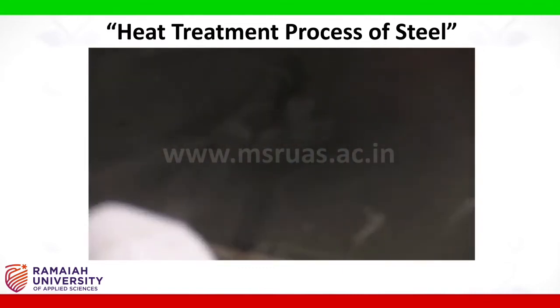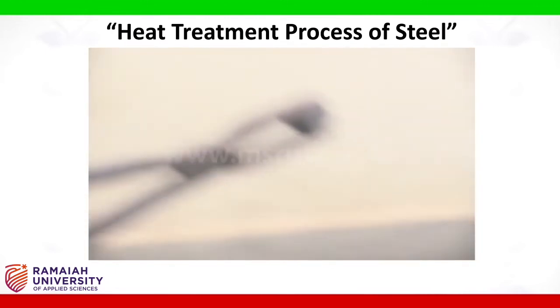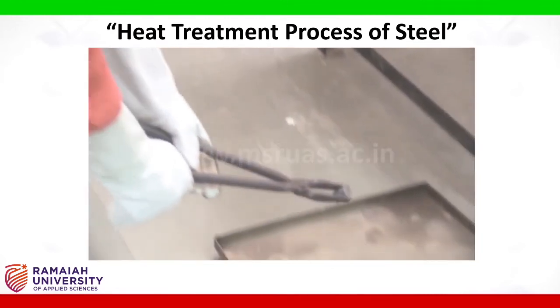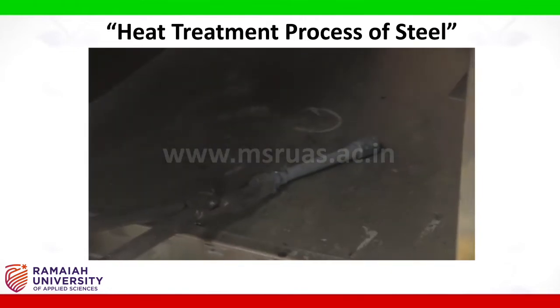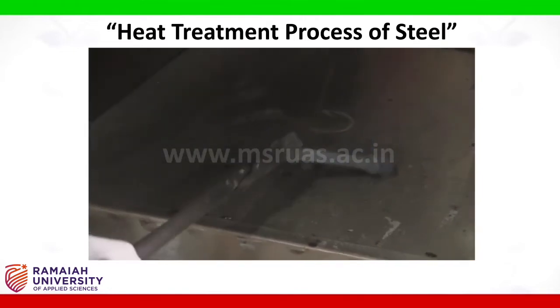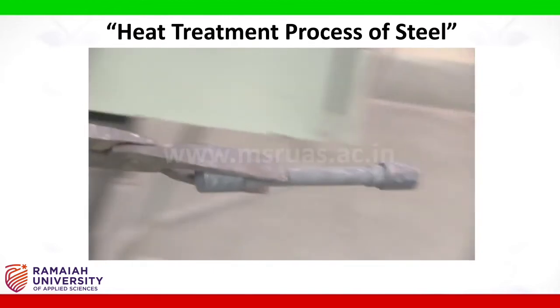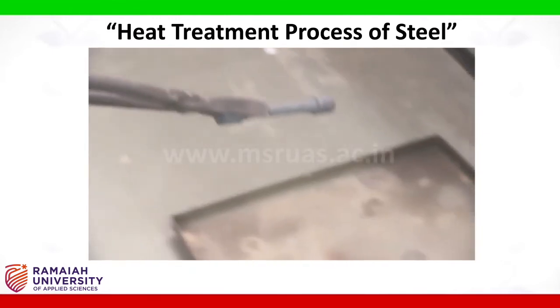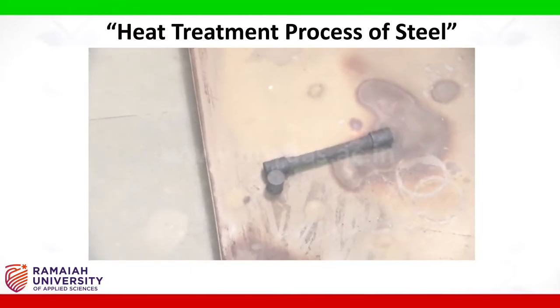I'll take out the sample for microstructure and hardness and keep it for air cooling. Now I'll take the tensile test sample and keep it on the tray for air cooling.